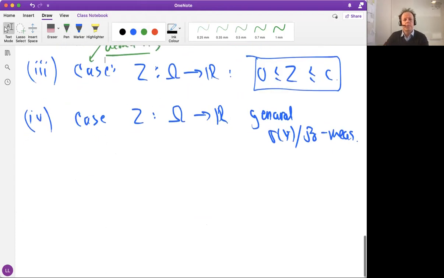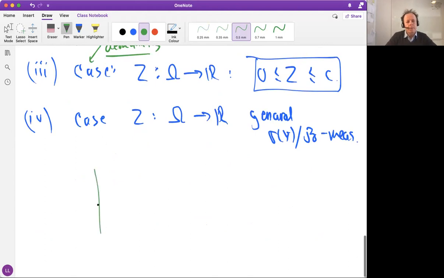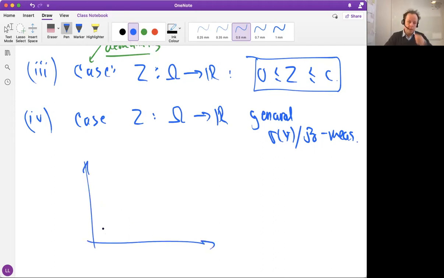Let's sketch. So the idea is here that we assume that we are looking at the function. Maybe let's take this default color, which has been blue. Imagine a function, assume that omega is now the real line. So we are looking at the function on the real line, and we look at a function, for example, of this form.